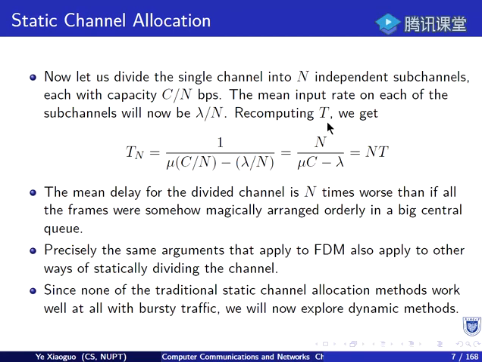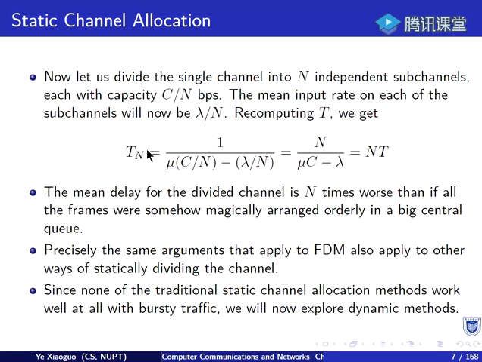So computing capital T according to queueing theory, we get Tn. Here n means the channel is divided into n subchannels.